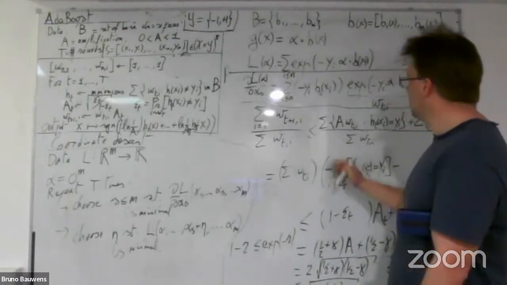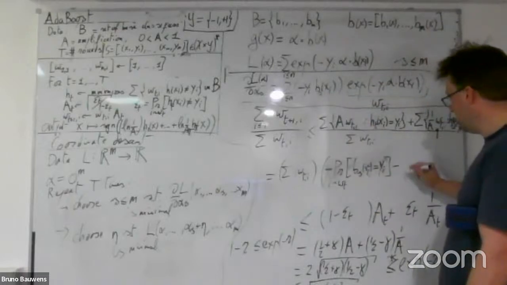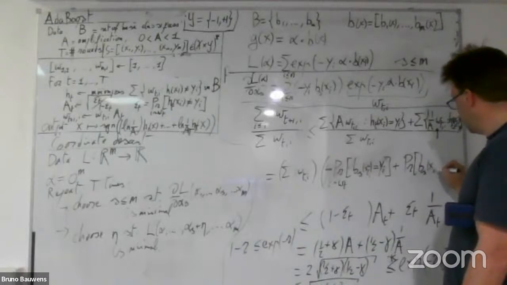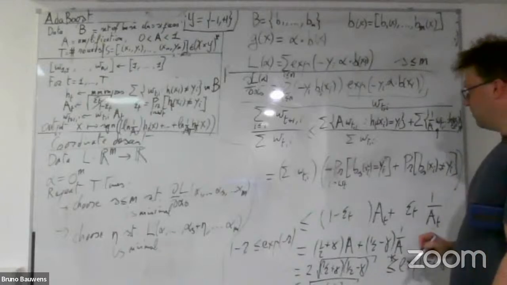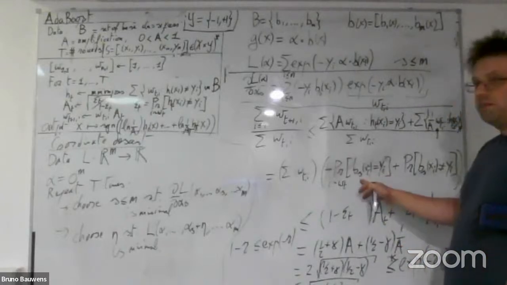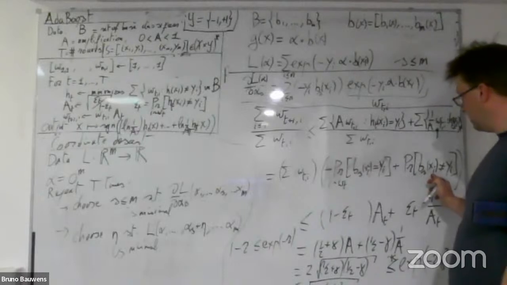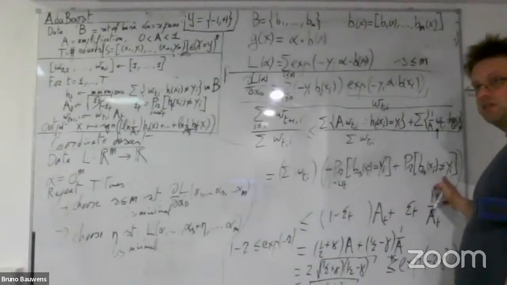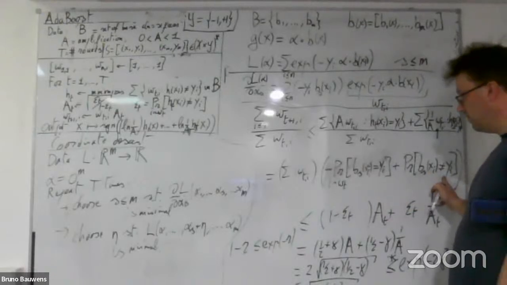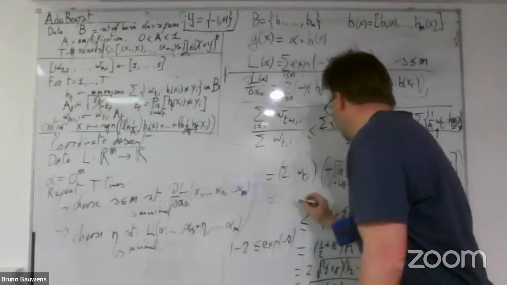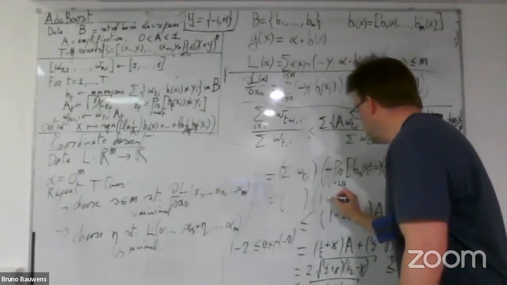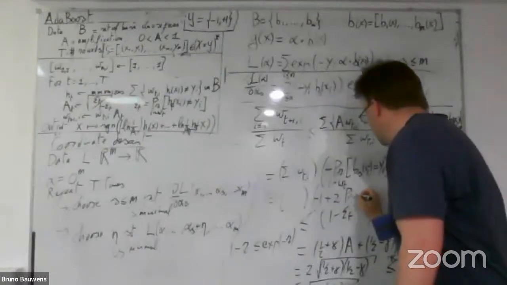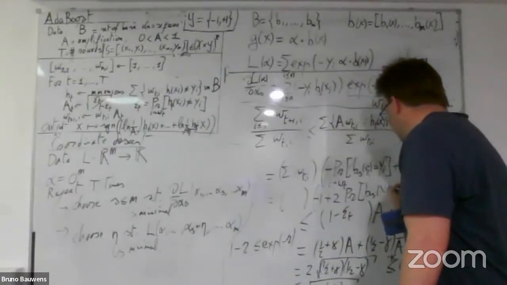You have a minus for classifiers that are right and a plus for classifiers that are wrong. But this is just 1 minus this probability. So we have minus 1 plus 2 times this probability.